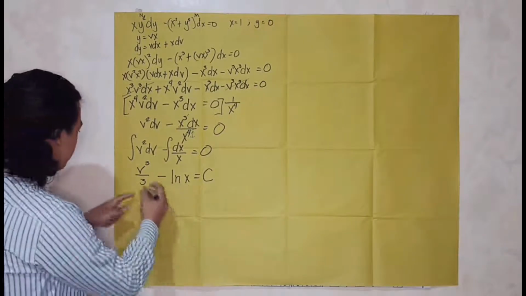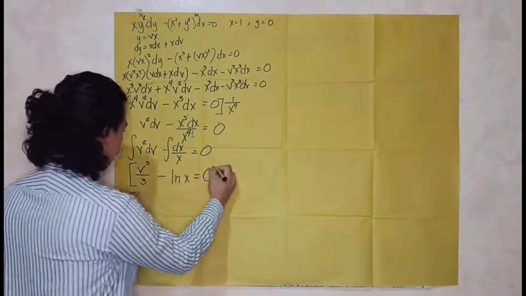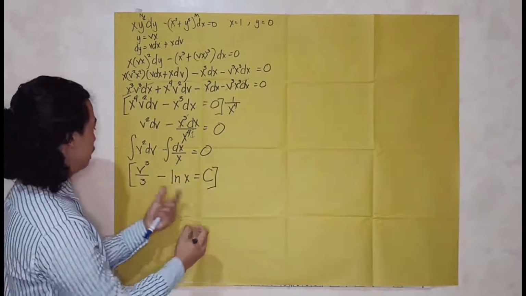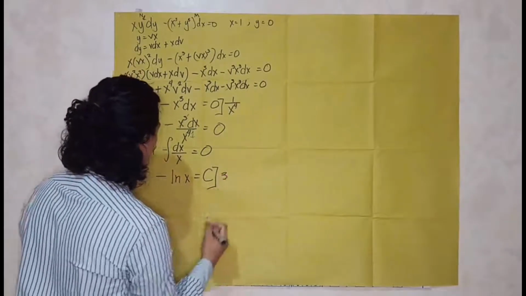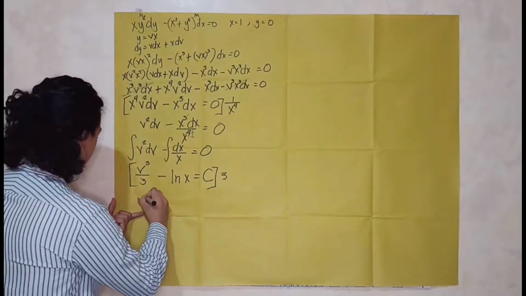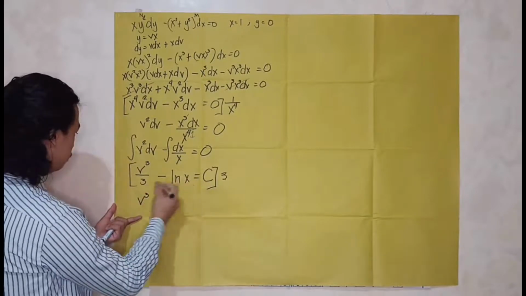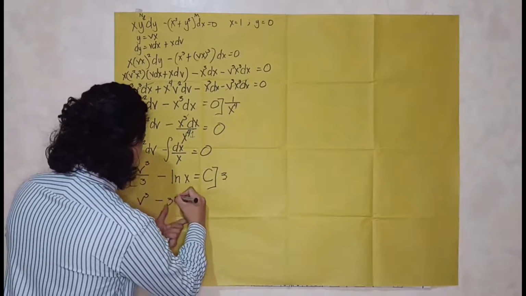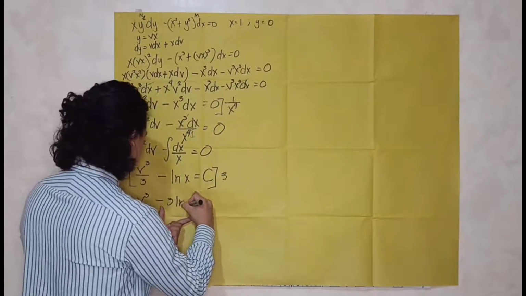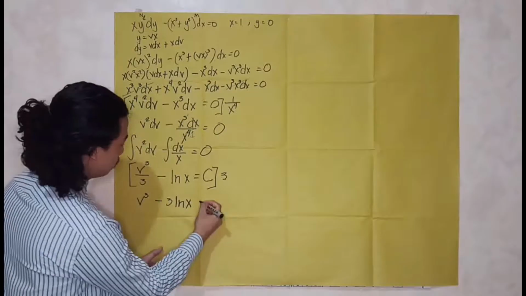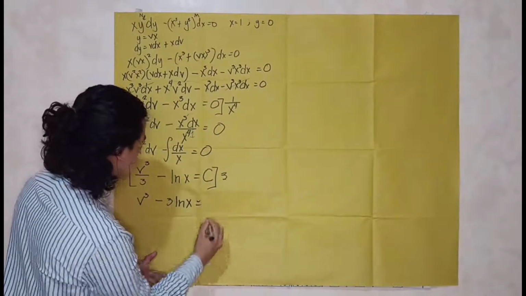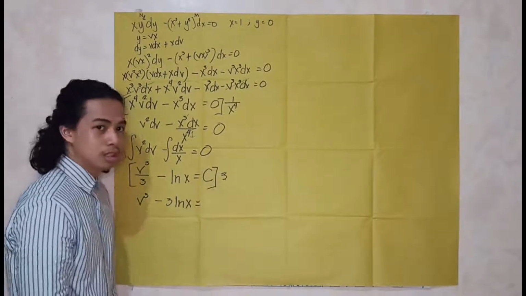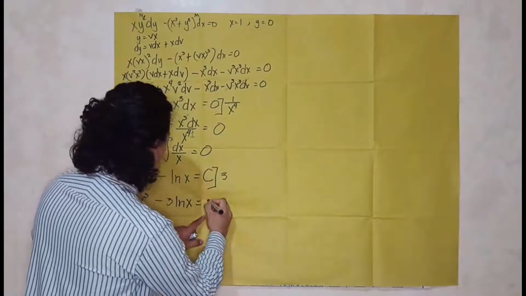Then, simplifying this equation, we need to multiply this by 3. So, we have v cube, cancel yung 3, minus 3 ln x equals, so, pag minultiply yung 3 at c, 3c, which is constant pa rin siya, so, lagay lang natin na c.